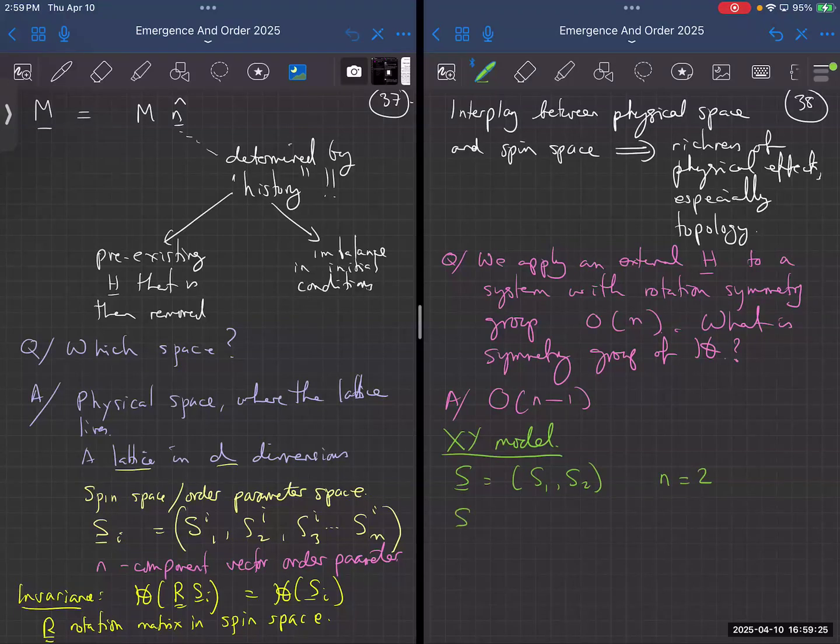And so I can say that S is a function of space, x, where x is in d dimension space, so x is x1 up to xD, where D could be 1, 2, or 3. And the interesting question, which we're going to talk about later, is as you vary N and D, there are different possibilities for order.